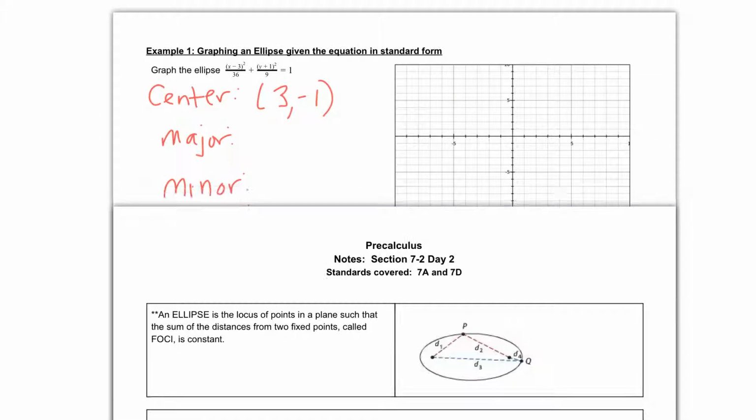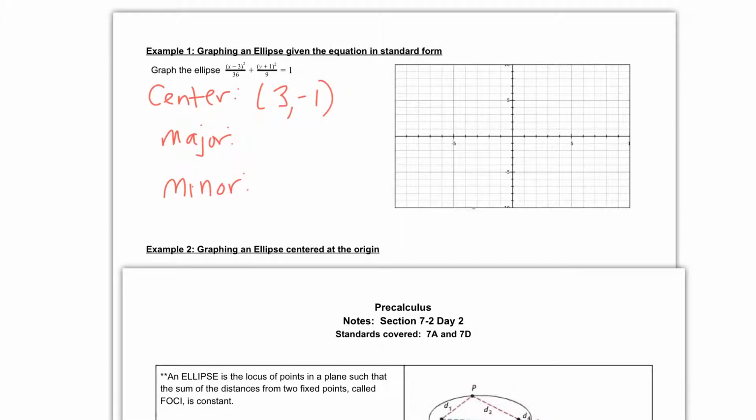Going back to our equation, if we need the major axis, we're going to remember the major axis in this case is our horizontal axis. And then we need to know the length of a. So in here, we know that a squared is 36, which tells us a is going to be the square root of that, which is 6.